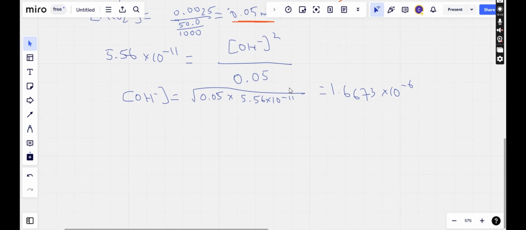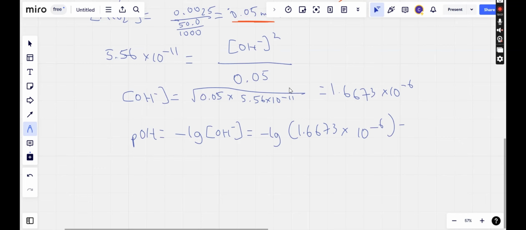Then your pOH is equal to negative log OH minus, which is negative log of this ugly number, equal to 5.778. And hence your pH is equal to 14 minus 5.778, which is equal to 8.22.